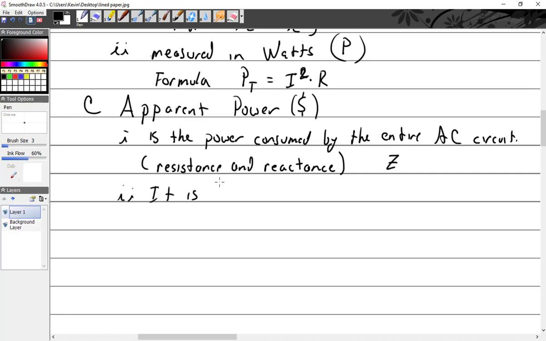It is the product of volts and amps without reference to phase angle.